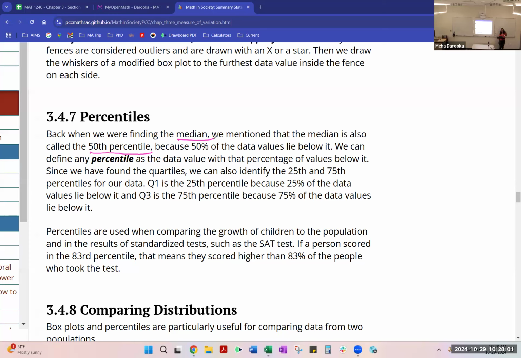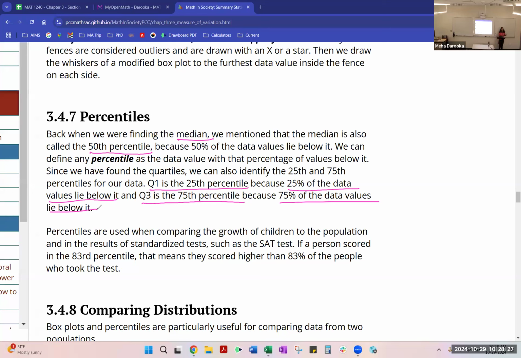Of course, your quartile 1 represents the 25th percentile. So 25% of the data values will be below it. And then quartile 3 is the 75th percentile. So of course, 75% of the values will be below it. And I think we had talked about this concept also, that percentiles are used when we're comparing the growth of the children to the population in general.